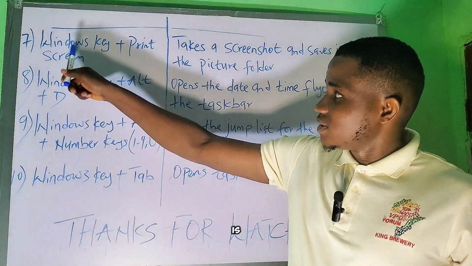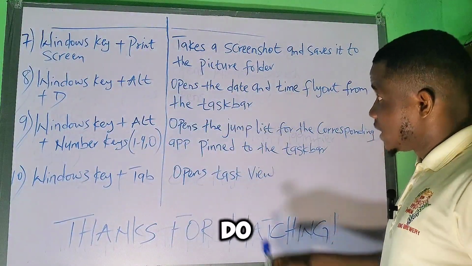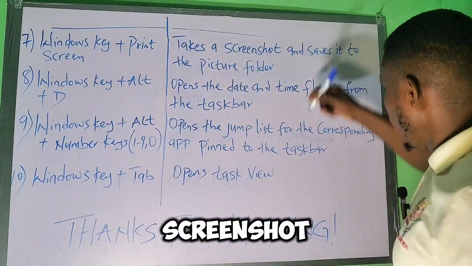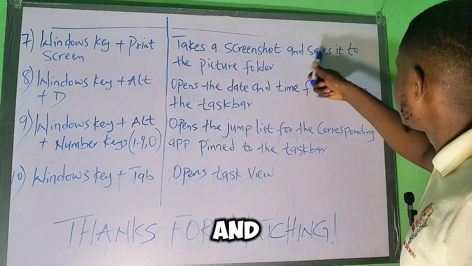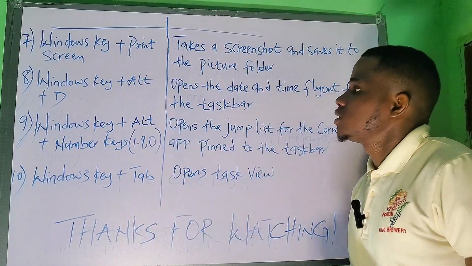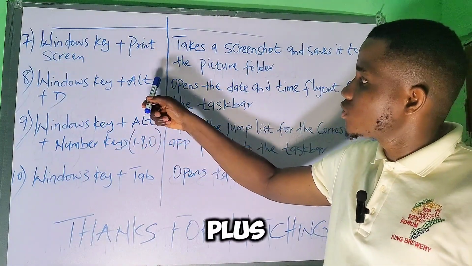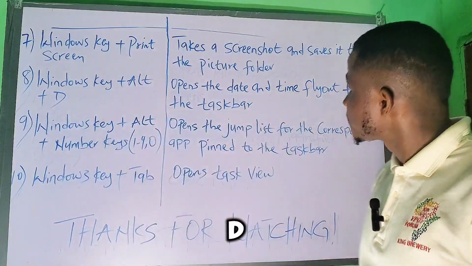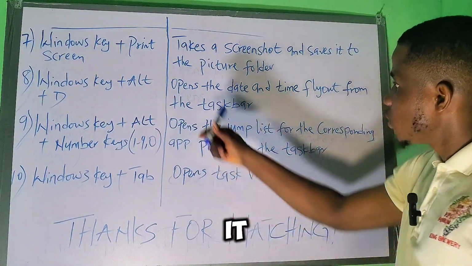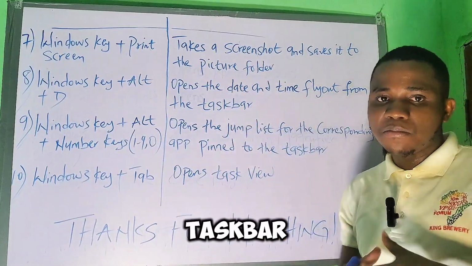The seventh one is Windows key plus Print Screen. What does it do? It takes a screenshot of our current screen and saves it to the Pictures folder, right? The eighth one is Windows key plus Alt plus D. What does it do? It opens the date and time flyout from the taskbar.